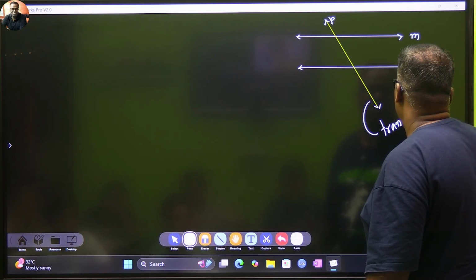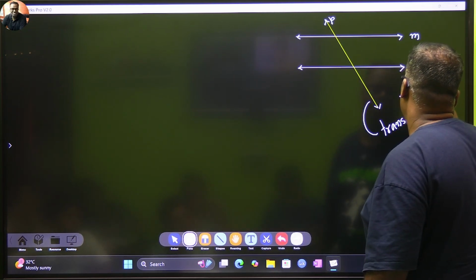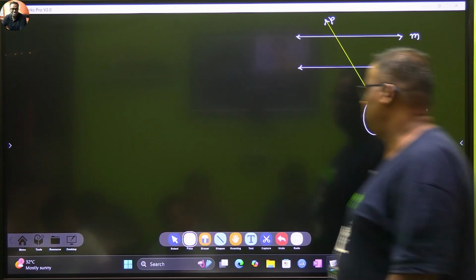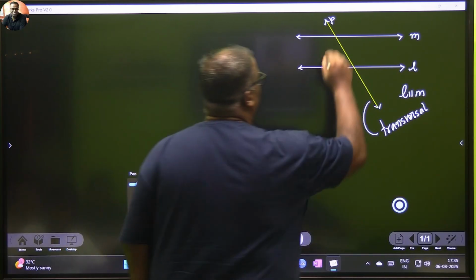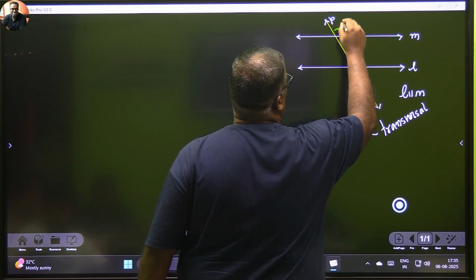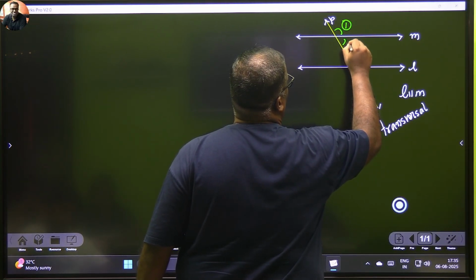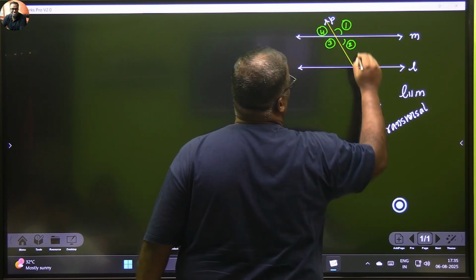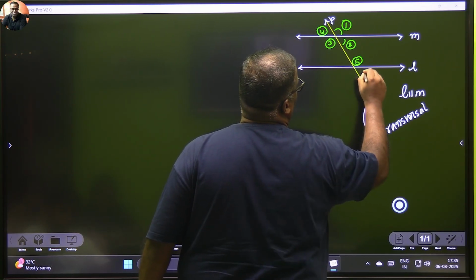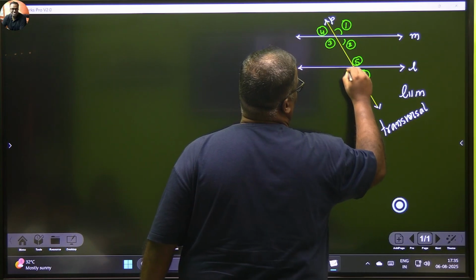Transversal. And when this transversal cuts across these two parallel lines, a lot of angle formation takes place. This is angle 1, then angle 2, angle 3, angle 4, and then 5, 6, 7, and 8.